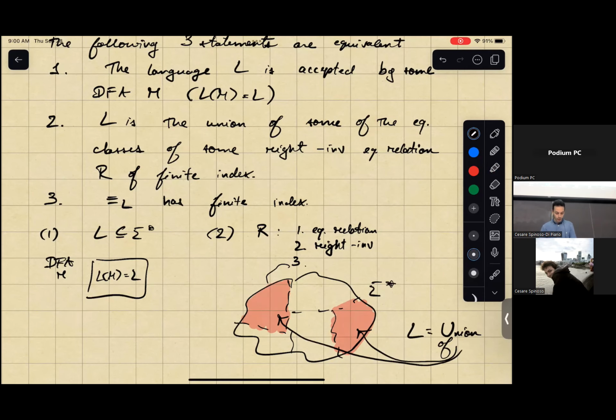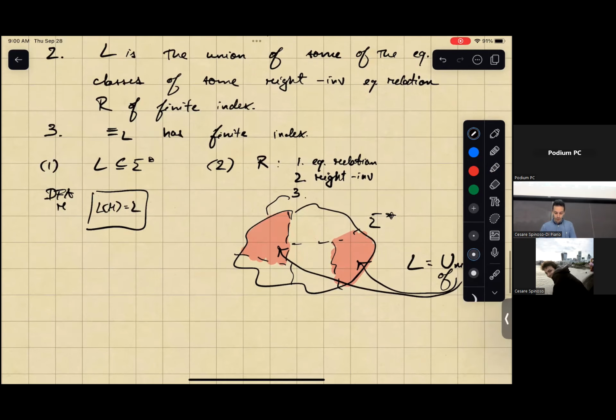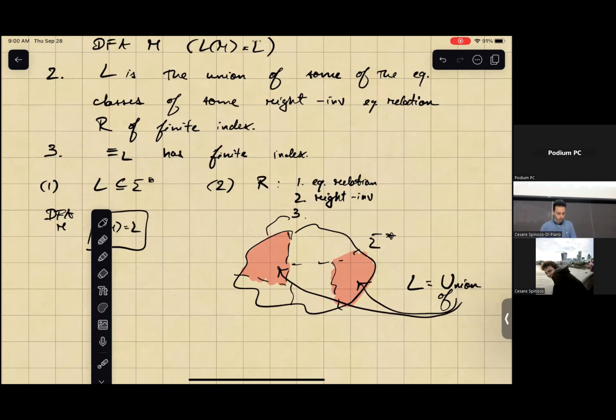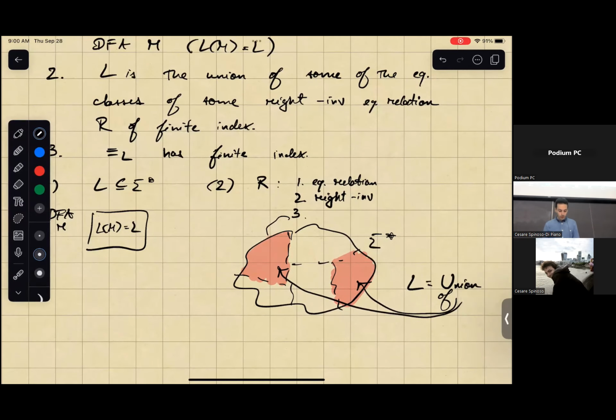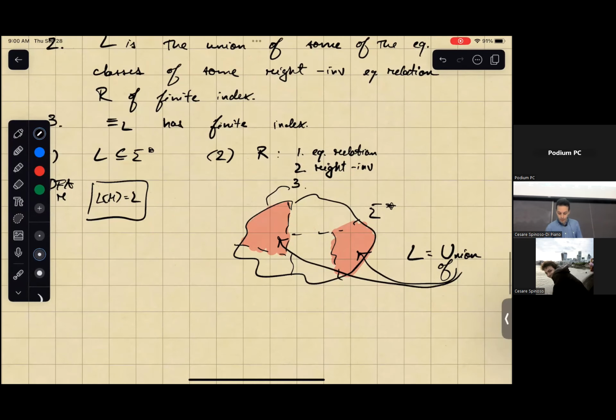Right? And then the last thing, the third statement, is also not that hard to decipher. It just says that I have this relation, the Myhill-Nerode relation, and because it's an equivalence relation, it has equivalence classes. So it has maybe this equivalence class, and so on.